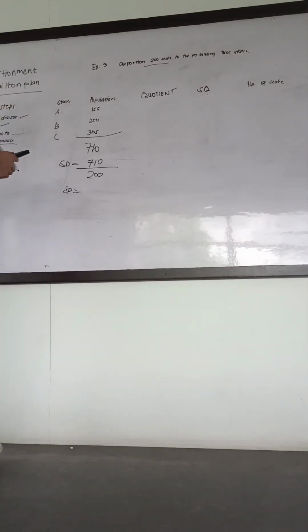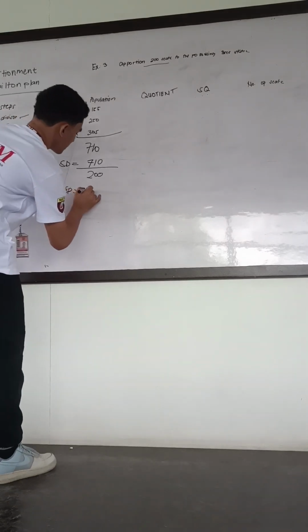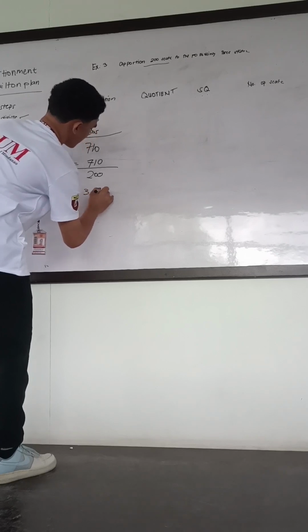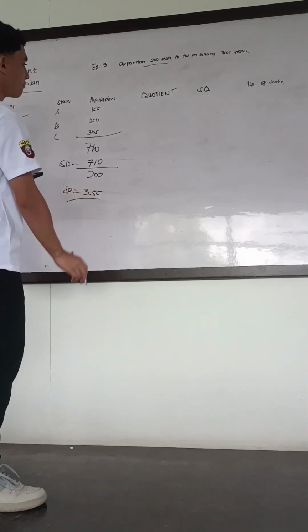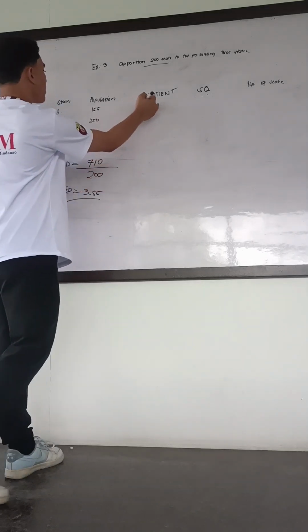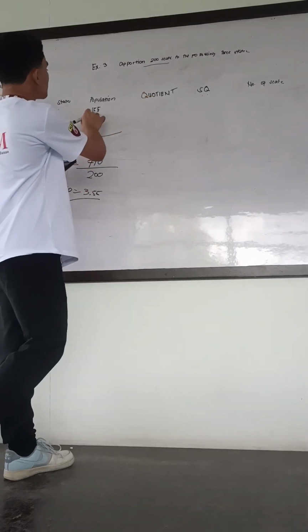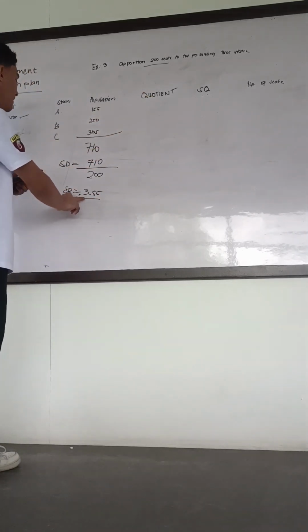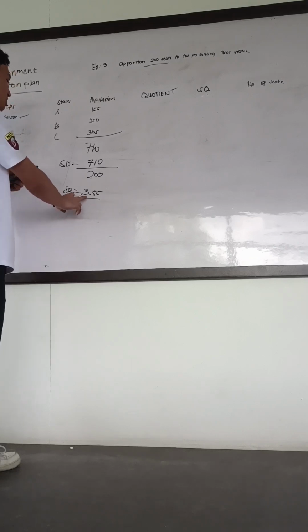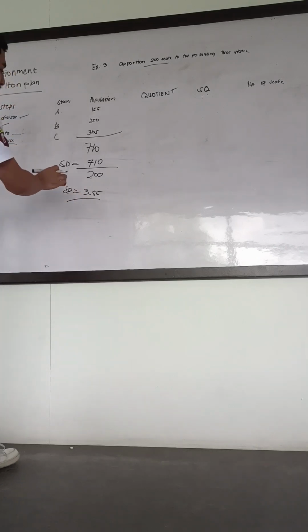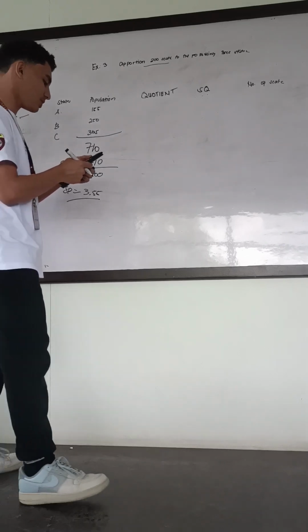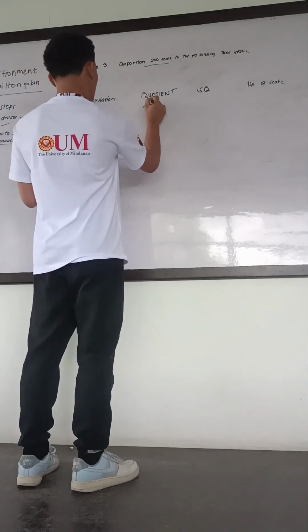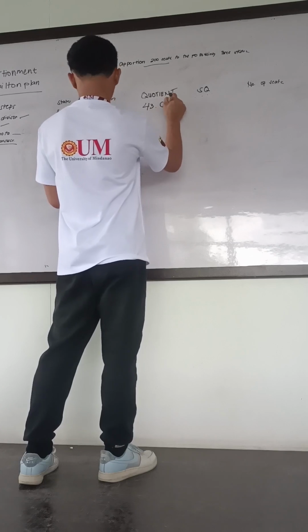So SD is equal to 710 divided by 200, which is 3.55. 3.55 is our standard divisor. So calculating our quotient, we have 155 divided by the standard divisor, 3.55. So 155 divided by 3.55, we get 43.661.